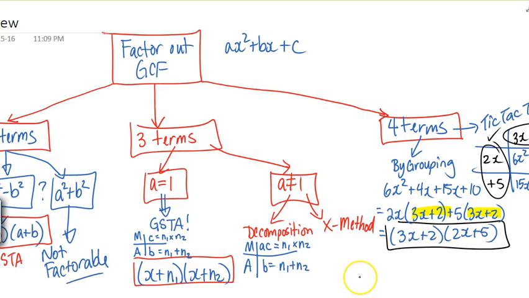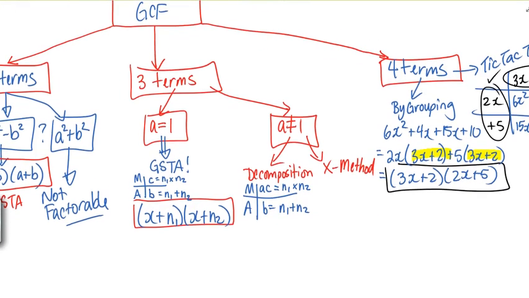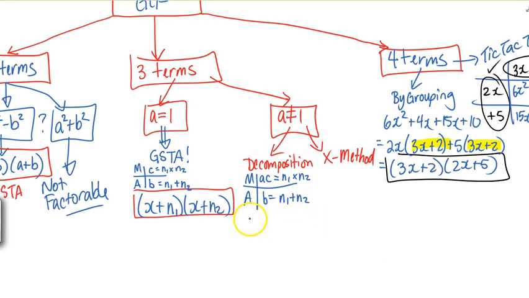But this time you're going to decompose that middle term. That middle term gets broken down. So if the example was 6x squared plus 19x plus 10, your multiply to, adds to table would be what multiplies to 60 and adds to 19.